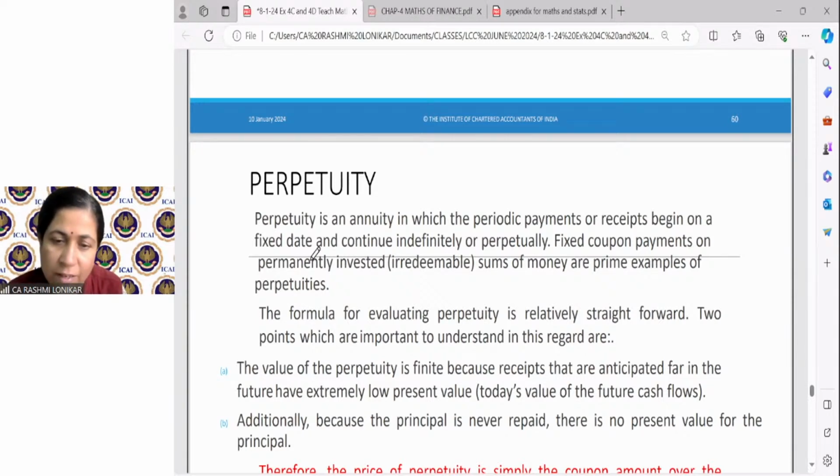Anil, you will get around 12 marks of questions on this chapter. It is 20 to 30% of 40 marks. So it's a big, important chapter.